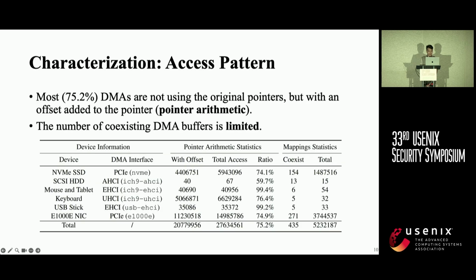So to design an effective and transparent mechanism, we first characterize the DMA behavior of different devices. The results show that most DMAs do not use the start address of the buffer, but rather an offset. We also found that the number of coexisting DMA buffers is usually very limited, typically just a few hundred.